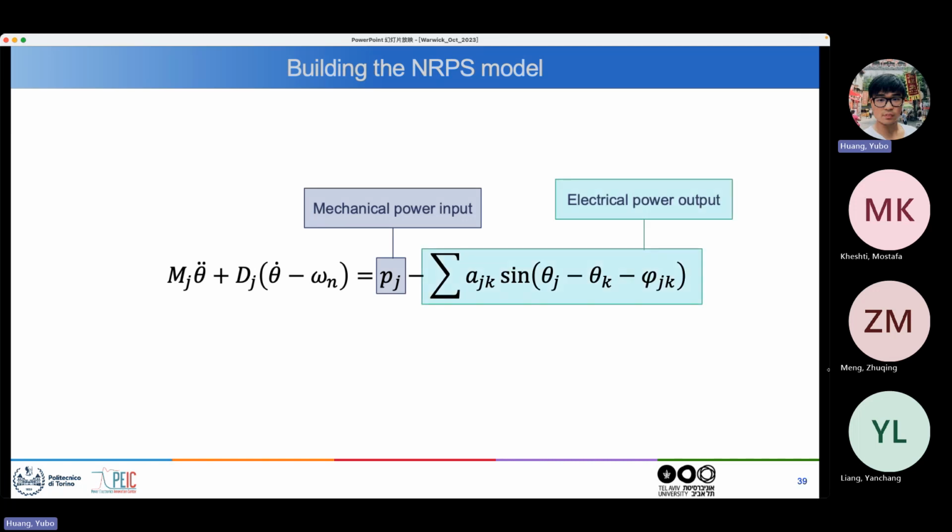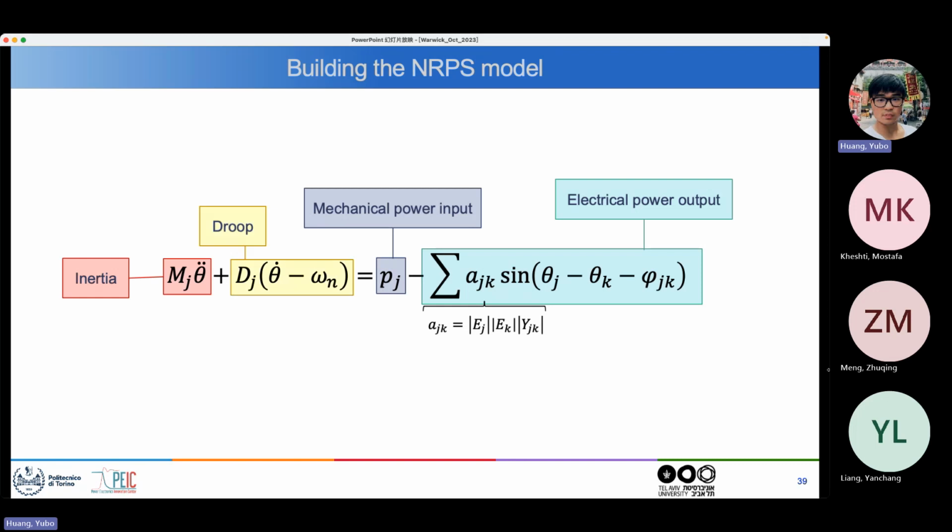So this is a famous NRPS model. This is not one equation, this is a system of as many equations as generators, so for each generator you have one such equation, and here you have the coupling between the generators, because these are angles of the different generators, and the differences appear here.